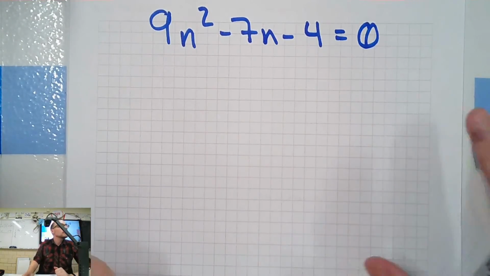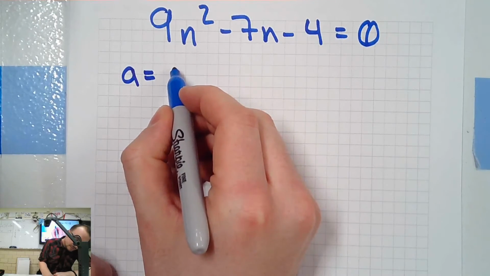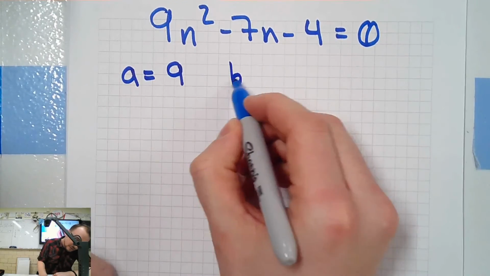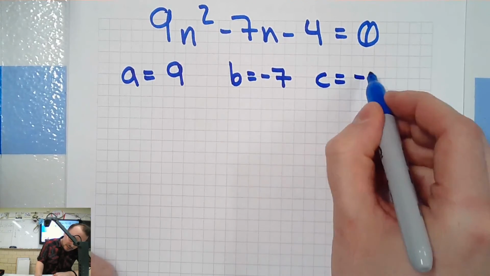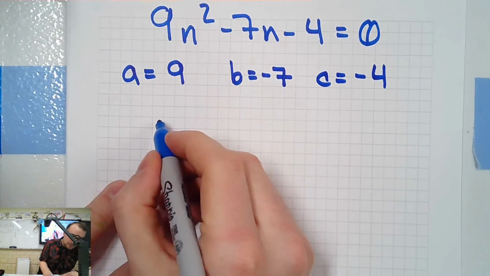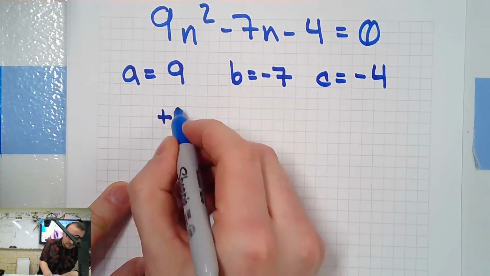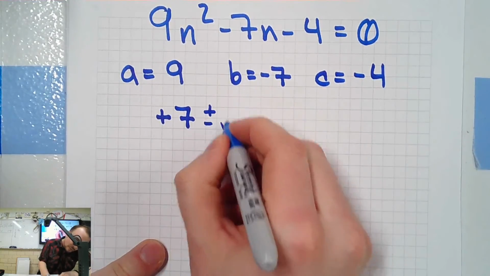Cool. So, A is what? 9. And B is? -7. And C is? Exactly. Don't lose your signs. Okay? So here we go. Opposite of b. What's that? Plus 7, right? Plus or minus square root of b squared.